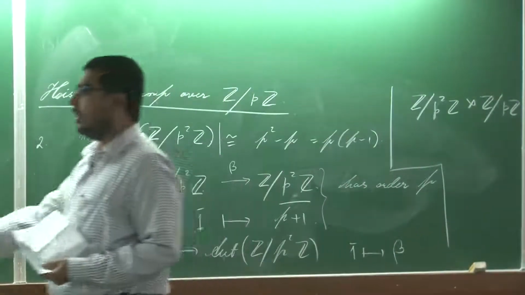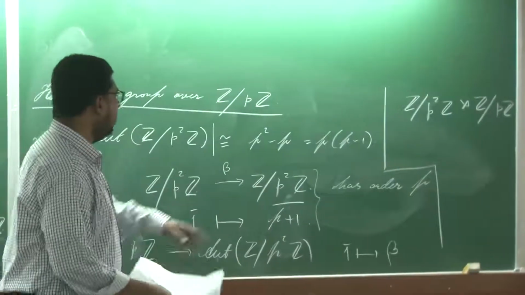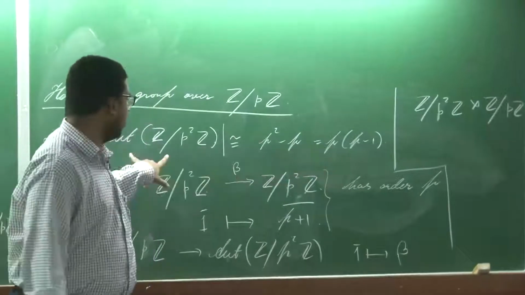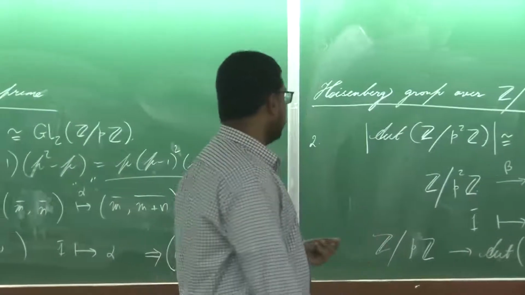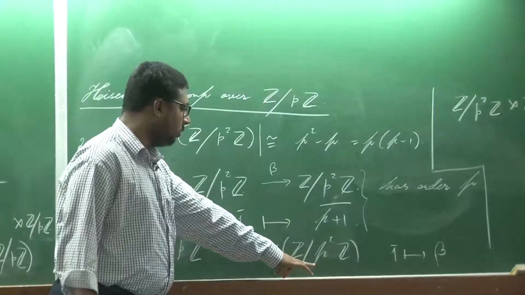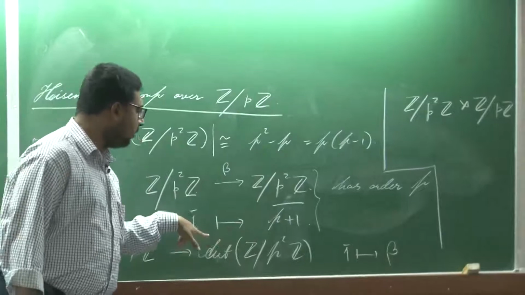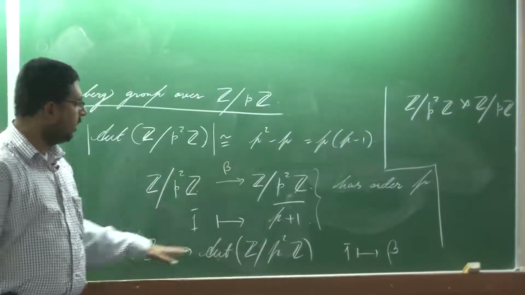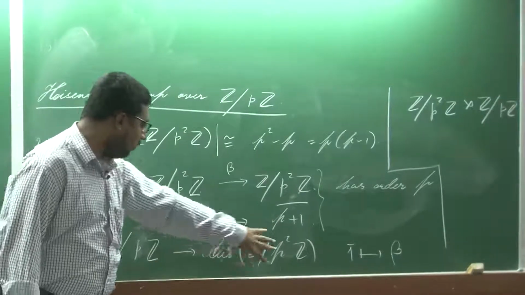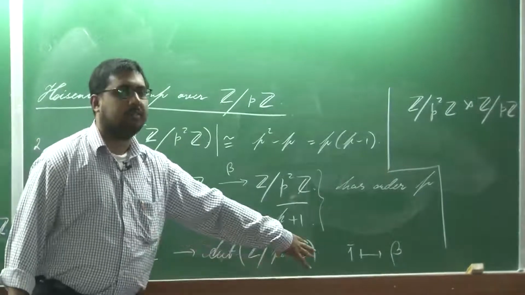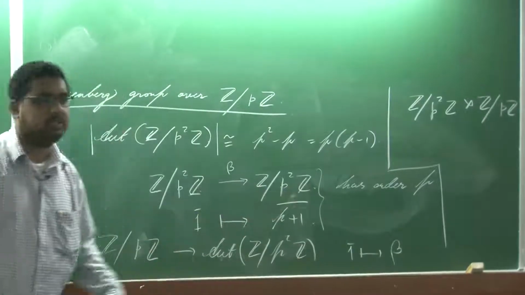Again the question of uniqueness comes into the picture, and the argument is similar to the previous one, because here the highest power of P dividing the order of this is exactly P. So the P subgroup will have order P. Thus whatever beta you choose, the images under any two such automorphisms will be conjugate to each other.